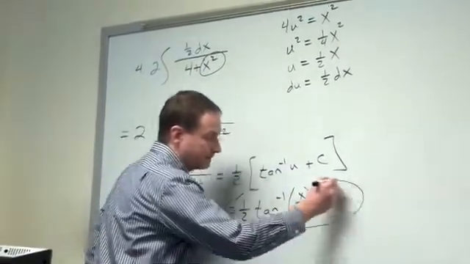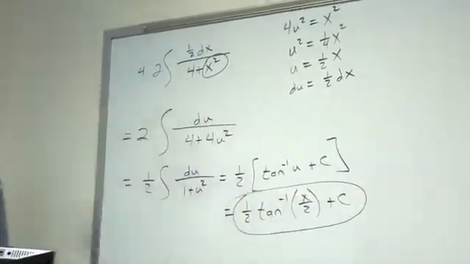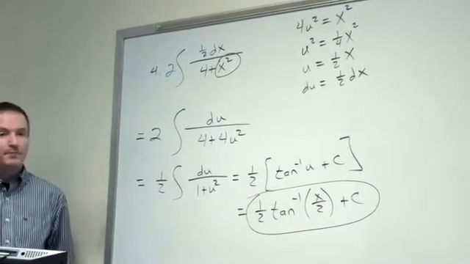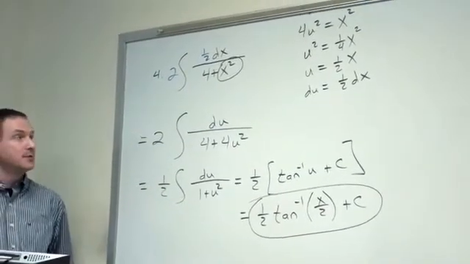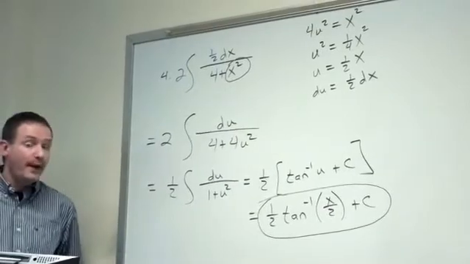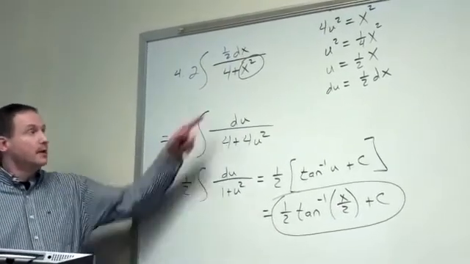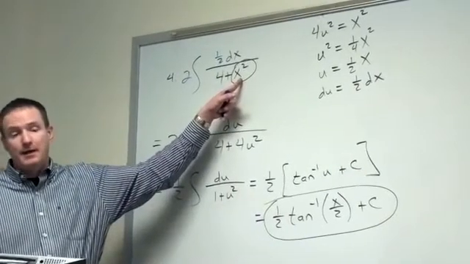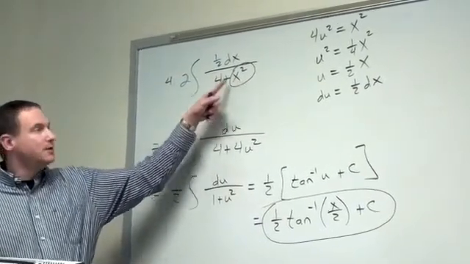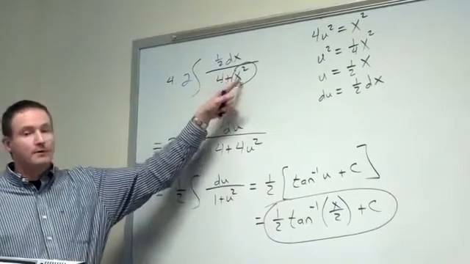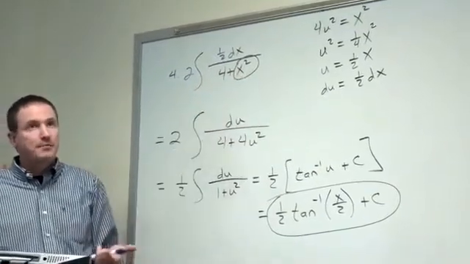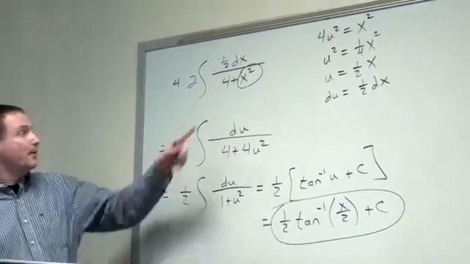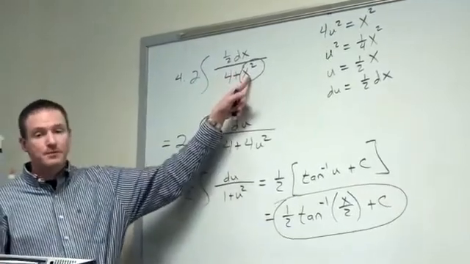So the key to these problems is to visualize in your mind what would help in that denominator. When we looked at this and you said, okay, it looks like an inverse tangent function, but an inverse tangent function is 1 plus x squared. So I'm thinking, well, it would help if I would have 4 times some variable squared there, so I could factor out the 4 and have it look like this.